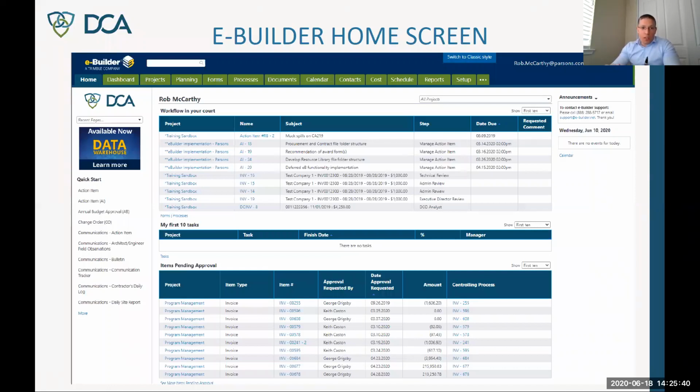In the upper table here, it shows what actions are currently in your court, which is in my court in this case, and required to take action and clear them. The table at the bottom shows pending invoices, or the open invoices in this case. So this is an example of the landing page. Next slide, please.